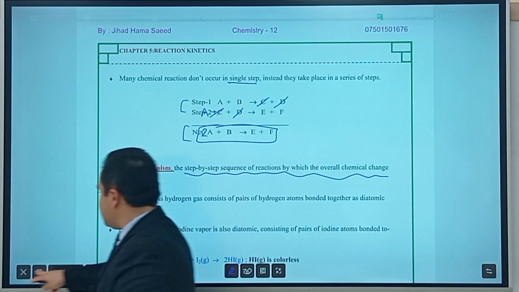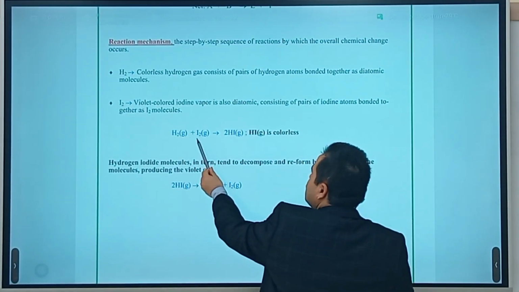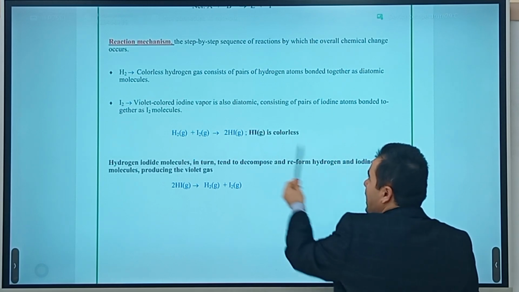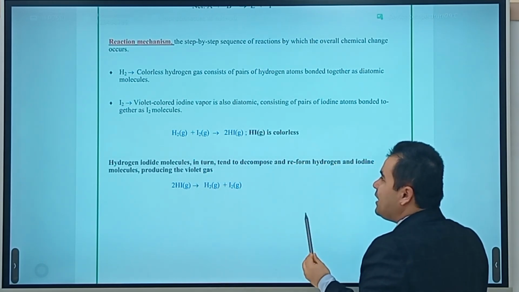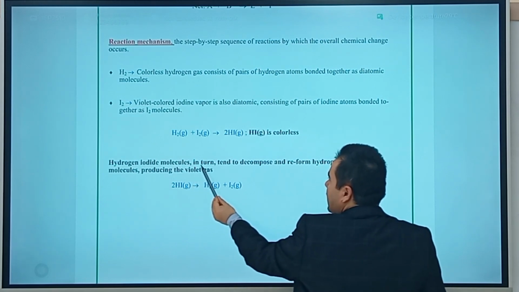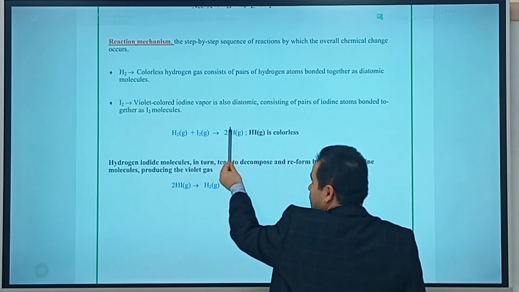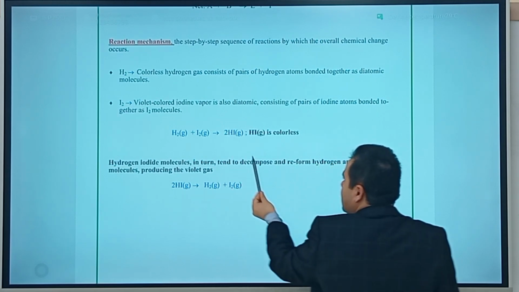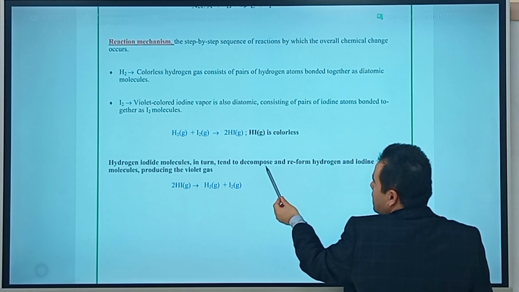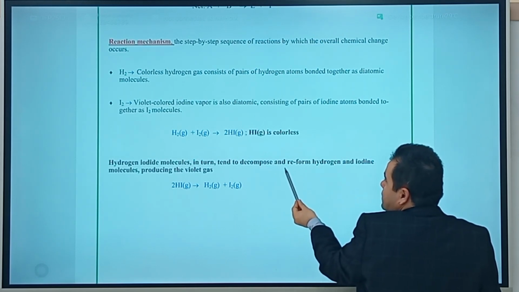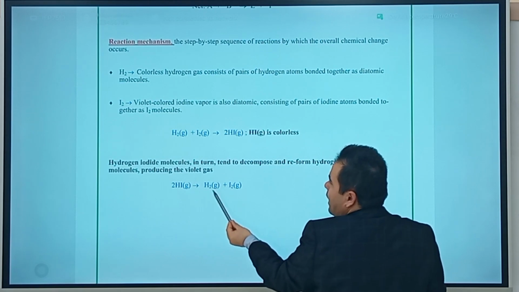For example, guys, here we have the reaction between H2 and I2 to form 2HI. HI is colorless and I2 is violet. The hydrogen iodide molecule in turn tends to decompose and reform hydrogen and iodine molecules, producing the violet gas.